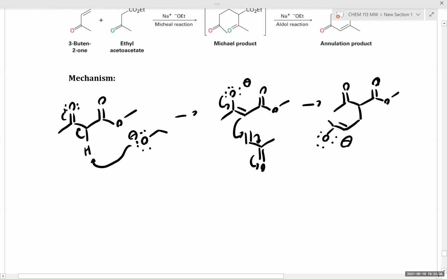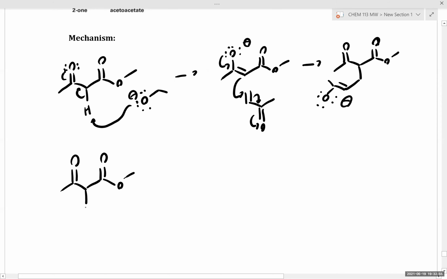Okay, now if we think about this substrate for a moment, we'll notice that the enolate that we form after conjugate addition is not the best enolate for a productive reaction.